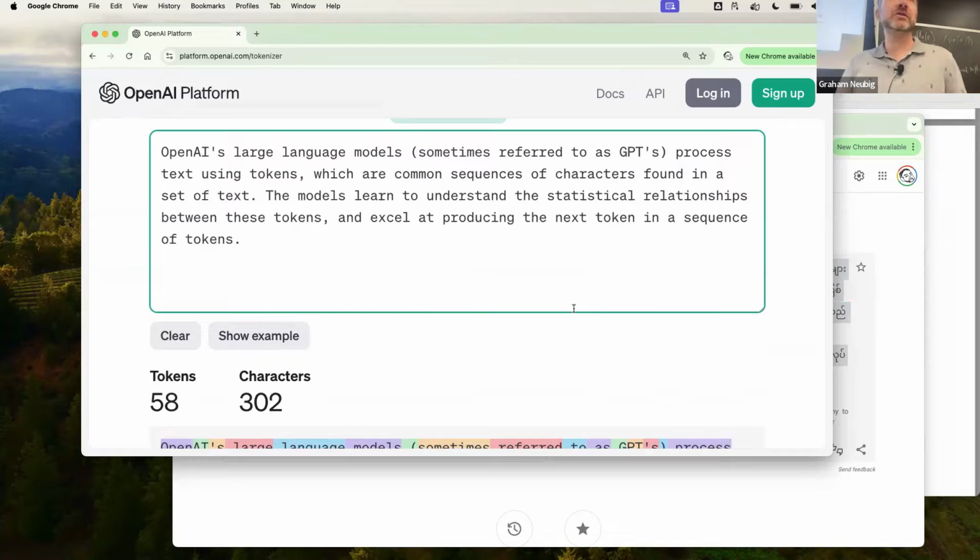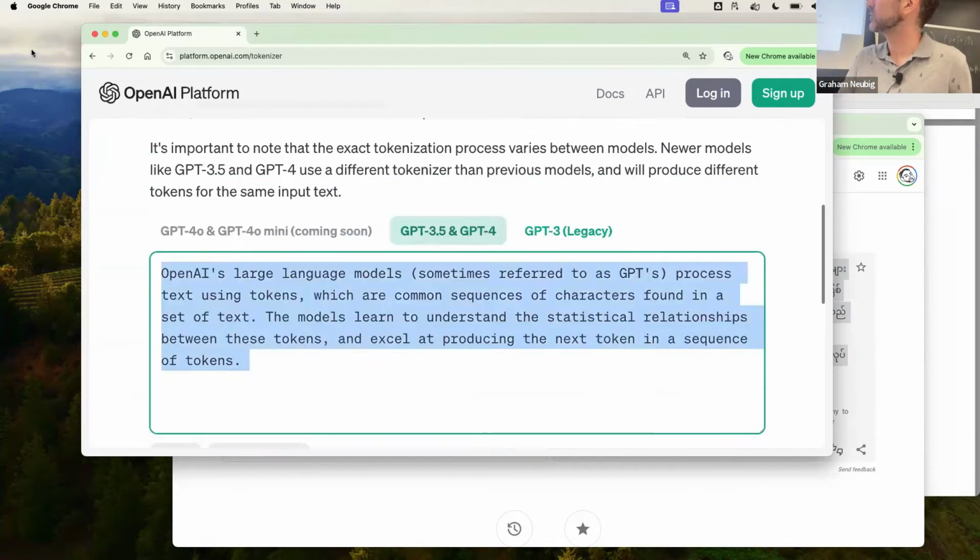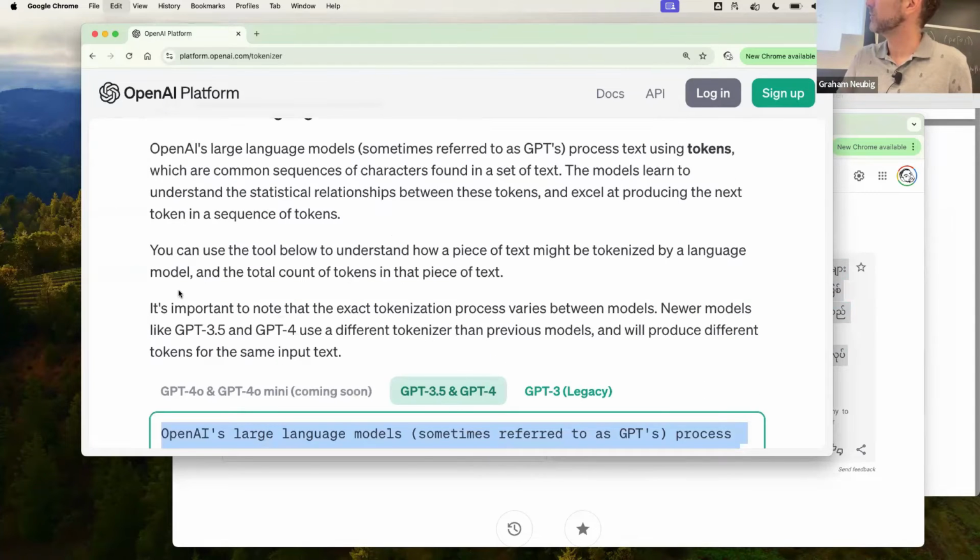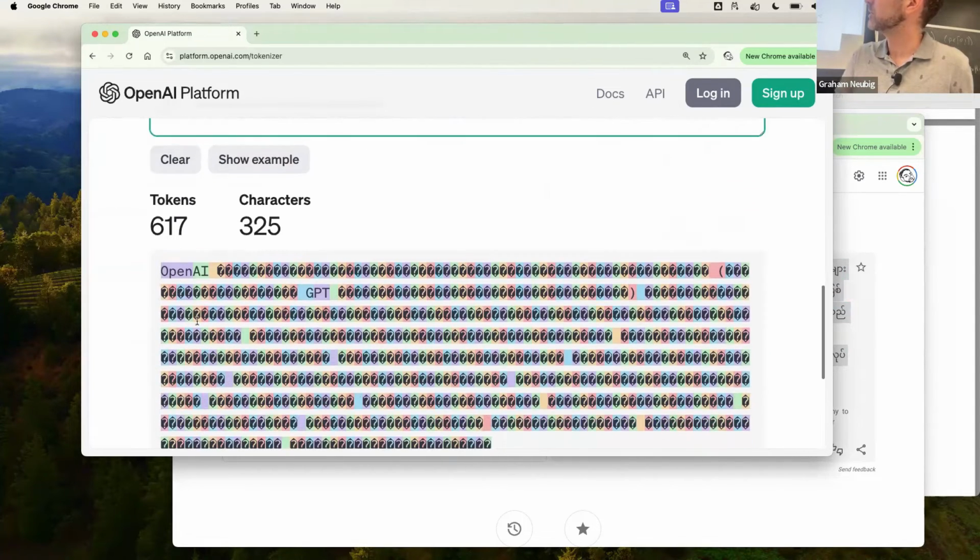Presumably, if Google translates half decent, this will be the same content. It'll be the same semantics between the two things. But if I copy paste it in here, that's 617 tokens. And so what does that mean? It means two things.